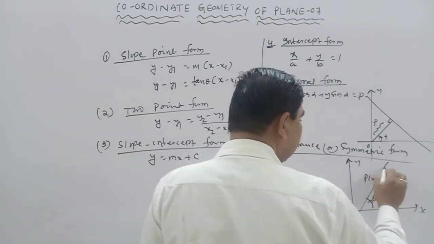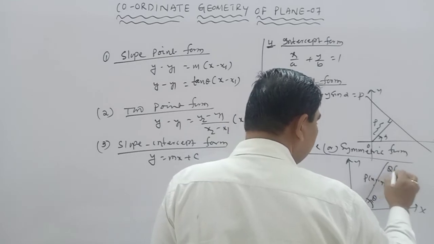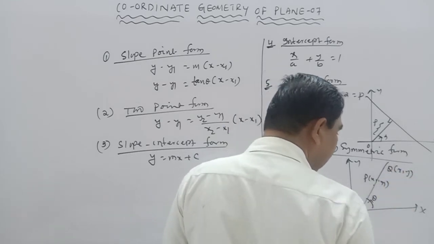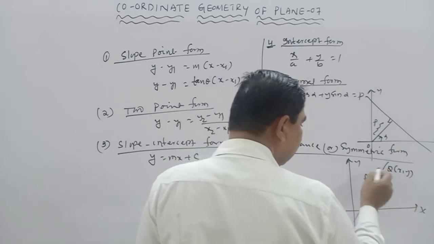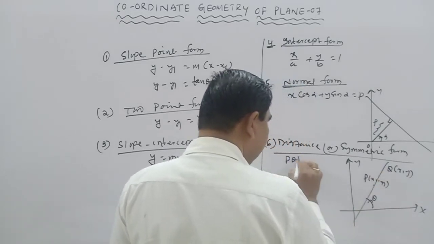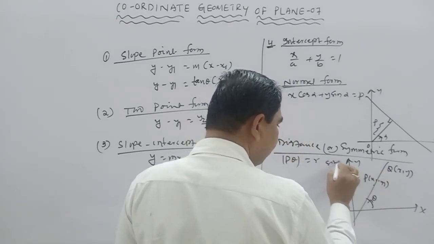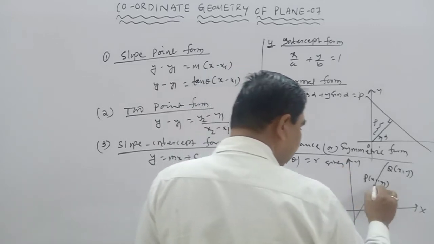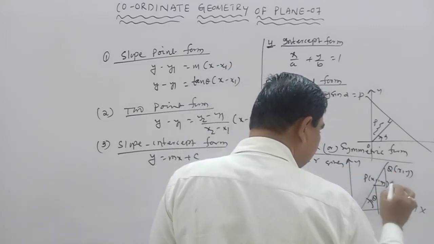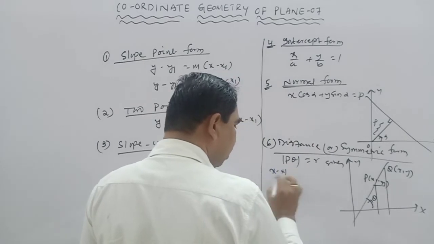Let Q with coordinates x comma y be on the line and the length PQ is given, equal to R.